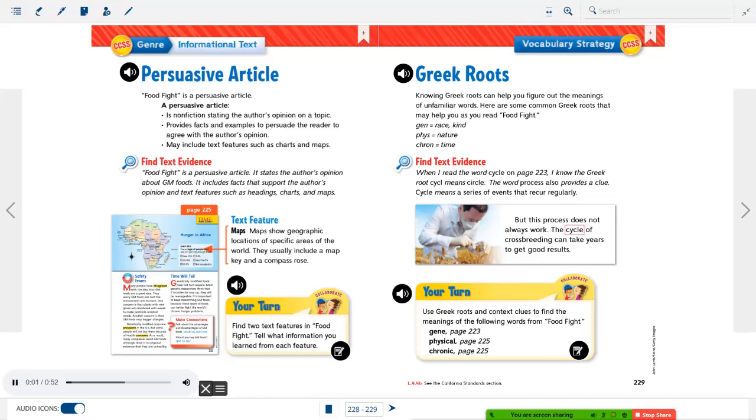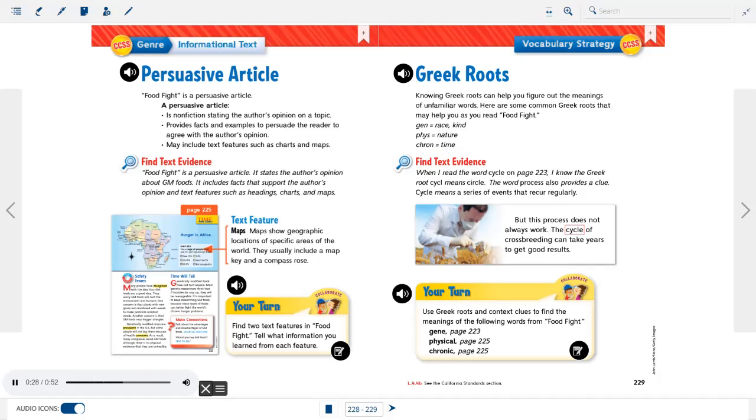Persuasive article. Food Fight is a persuasive article. A persuasive article is nonfiction stating the author's opinion on a topic. It provides facts and examples to persuade the reader to agree with the author's opinion. It may include text features such as charts and maps. Find text evidence. Food Fight is a persuasive article.